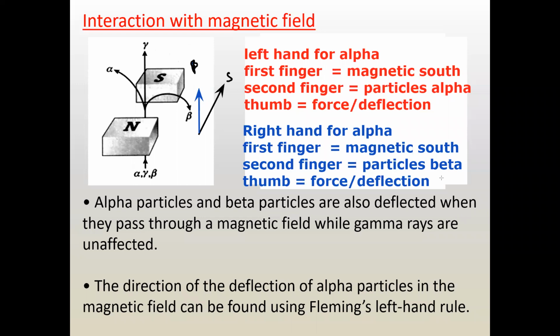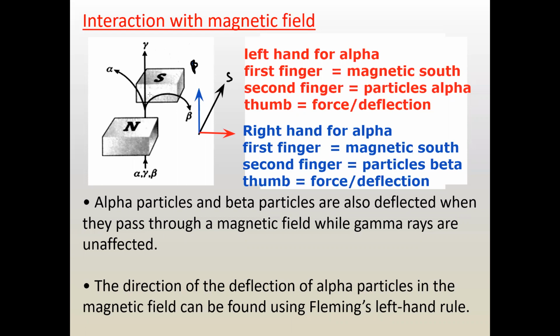When we apply the rule, the first finger is the magnetic field, which is pointing into the screen, and the second represents the direction of the particle, which is going up. As a result, the thumb is pointing towards the right-hand side. So the beta particle will experience a force towards the right-hand side, or they will deviate towards the right-hand side.